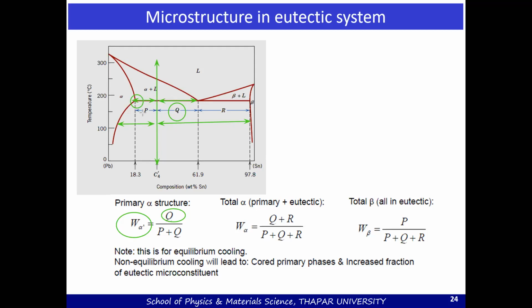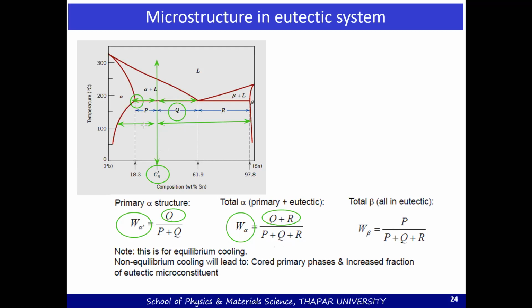So what you got is these three regions, P, Q, and R. And if you want to define the total alpha phase, you should look towards the beta. So looking towards the beta, I get Q plus R divided by the total, which is P plus Q plus R. So the weight fraction of the total alpha is Q plus R upon P plus Q plus R. And finally, the weight fraction of beta, again at point C4, we are defining everything with reference to this.